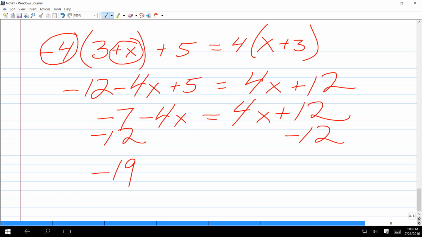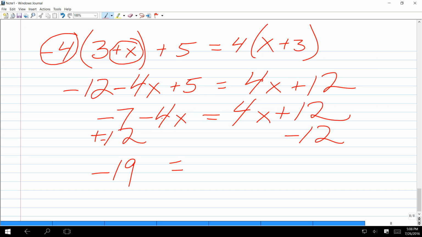In other words, if I turn it into an addition problem, it becomes negative 7 plus a negative 12, that's negative 19. And it's going to be equal to 8x.